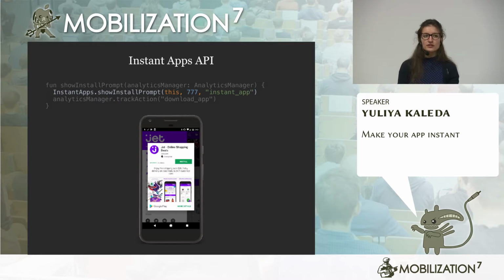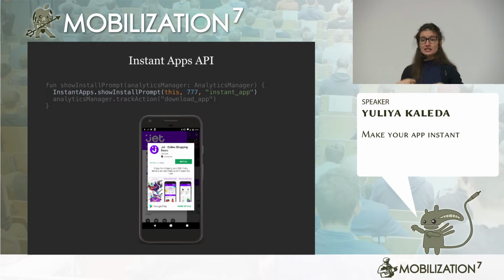There is a very useful API method, which is show install prompt. This method helps you tell your users that your Instant App is not a fully fledged, fully functional regular application.